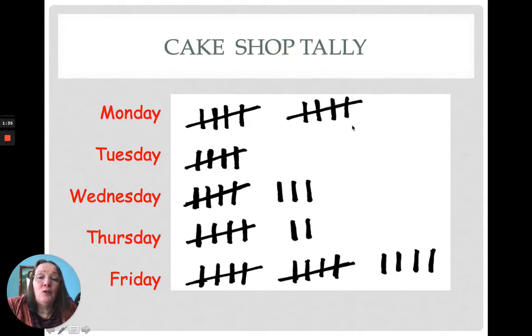I've got 2 groups of 5, therefore I sold 5, 10 cakes. On Tuesday, I sold 5. On Wednesday, 5, 6, 7, 8, and so on. I'm sure you can work those out for yourself. So that's a quick tally to show how many cakes were sold during the course of a week.